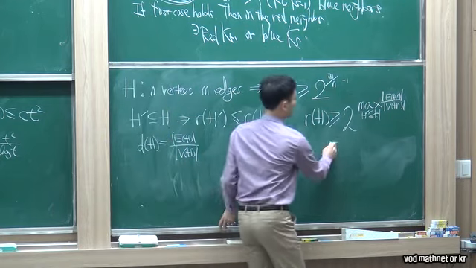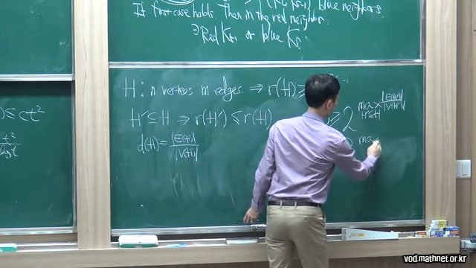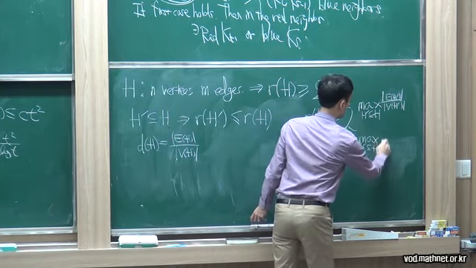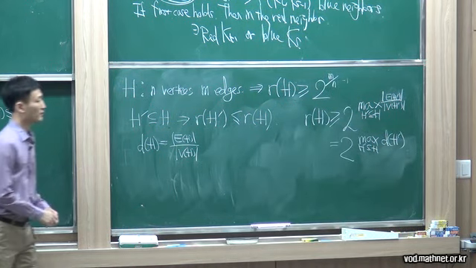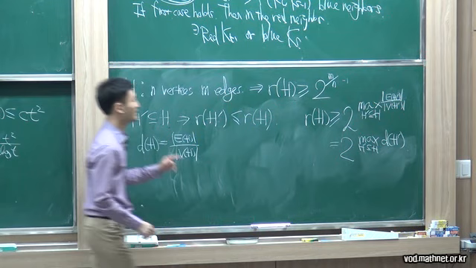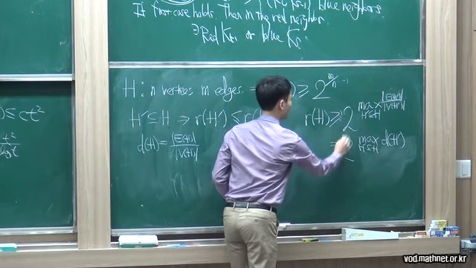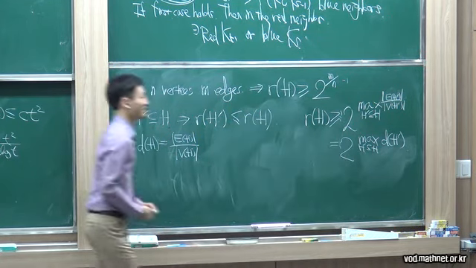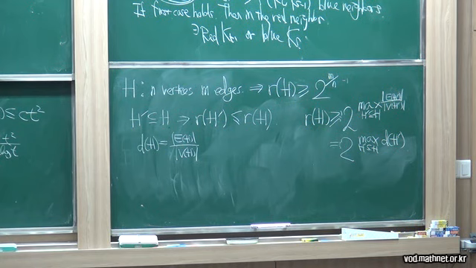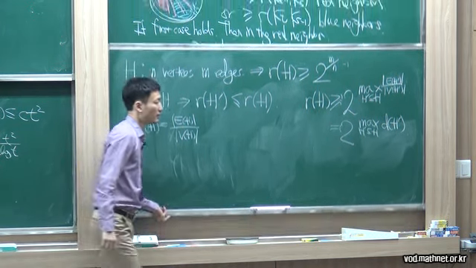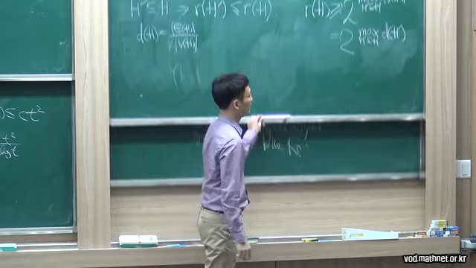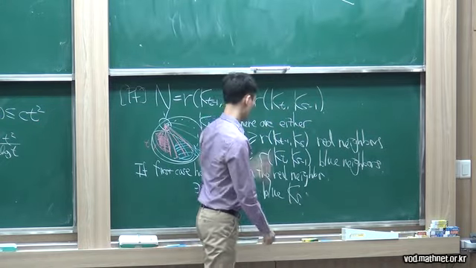And this can be rewritten as the maximum over all subgraphs H prime of the average degree of H prime. Yes, and there's a factor of 1/2. Okay. So that motivated Burr and Erdős to make the following conjecture.